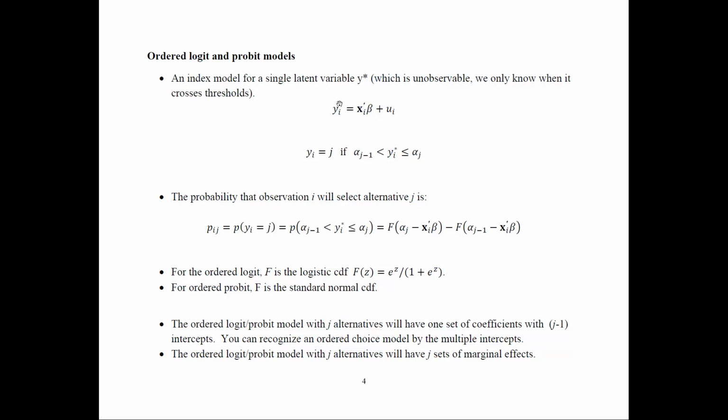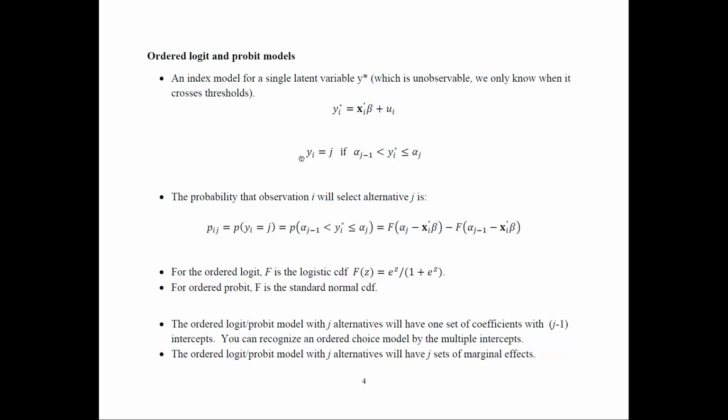This is the atypical part, where we don't observe the variable itself, like we don't observe how you feel about the statement. We only observe the 5 categories of strongly agree, agree, neutral, disagree, and strongly disagree. So in this case, we have a latent continuous variable, which would be formed into 5 groups with 4 thresholds, and these are the cutoff points between the different 5 categories. So this alpha would be those thresholds.